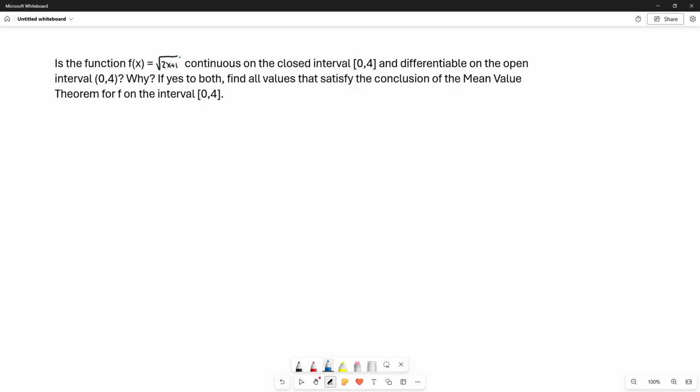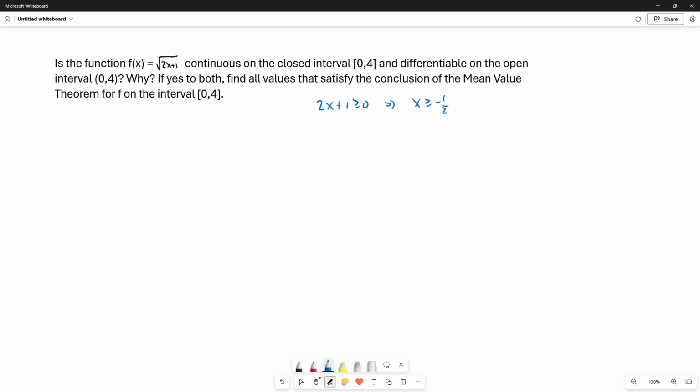A square root function is continuous as long as the inside function is continuous and positive. Or actually, it could be 0, so I should say non-negative. So 2x plus 1 is continuous everywhere, and it's non-negative, so greater than or equal to 0, if x is bigger than or equal to negative 1/2.